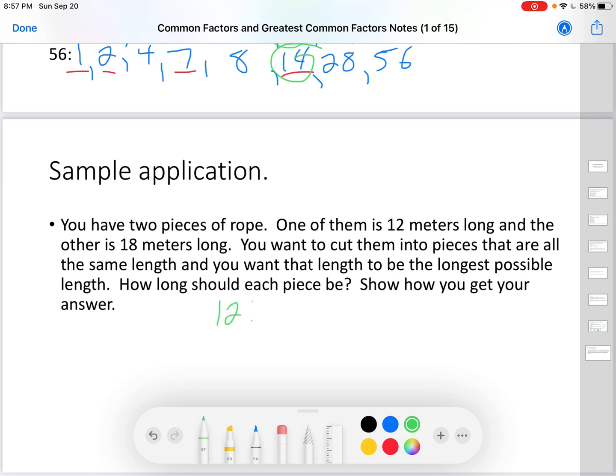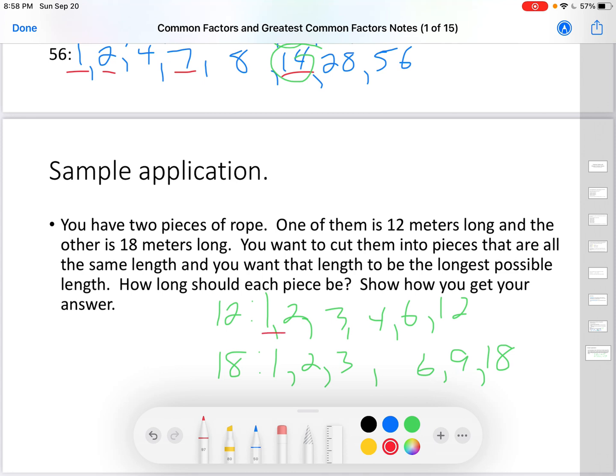So 12, I'm doing the factor list. 1 and 12, 2 and 6, 3 and 4, and I'm finished. 18, 1 and 18, 2 and 9, 3 and 6, 4 doesn't work for 18, 5 doesn't work for 18, and then we're up to 6, and that's it.